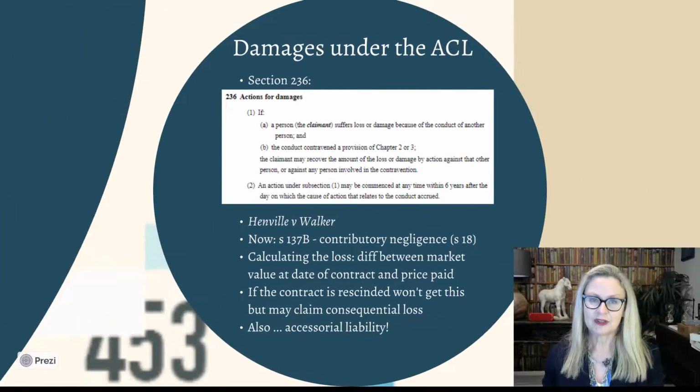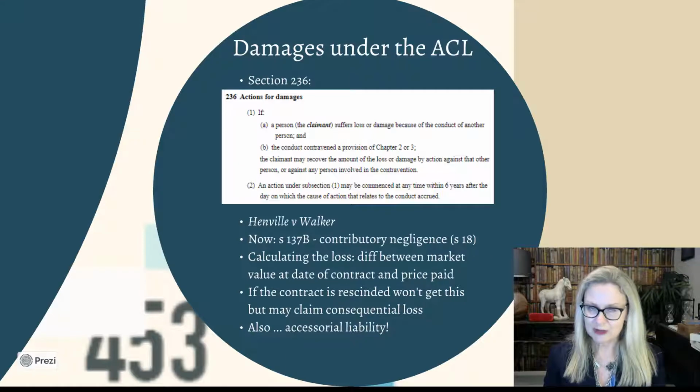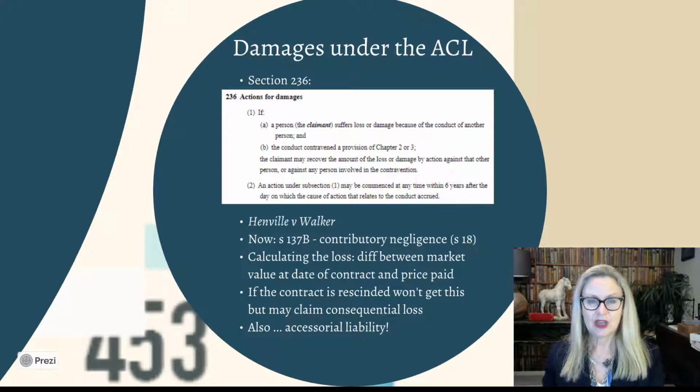In terms of the way that this provision has been interpreted over the years, originally, because this was the Trade Practices Act and is now the Competition and Consumer Act, and here the Australian Consumer Law, it's all about the consumer. In Henville and Walker, it was held that it didn't really even matter whether or not the plaintiff had bothered to check certain facts that would have enabled the loss to be significantly minimised.